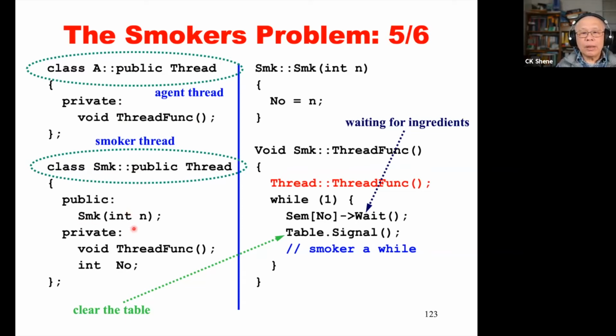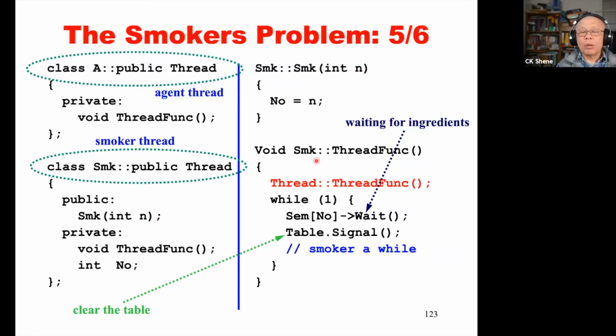So it has a constructor receiving the assigned number, which is used to initialize a private integer. This is the argument used in the constructor, and the constructor assigns it to the private number.